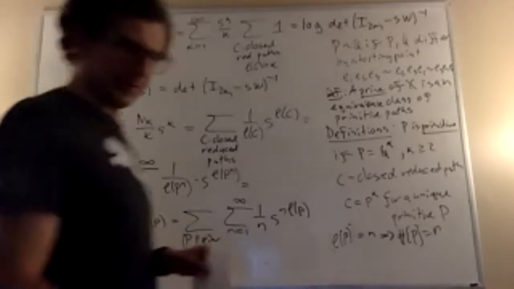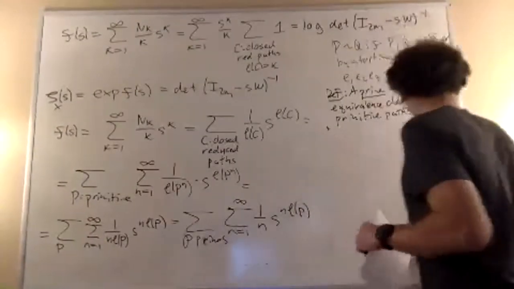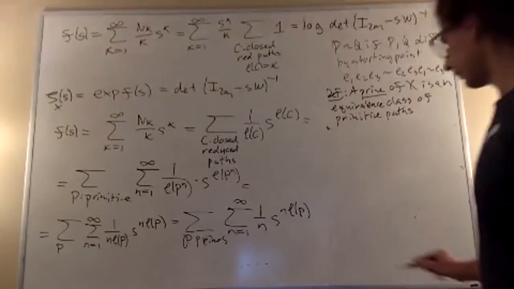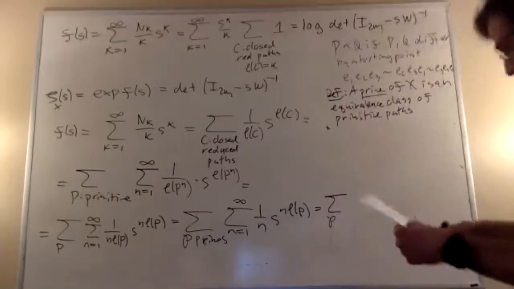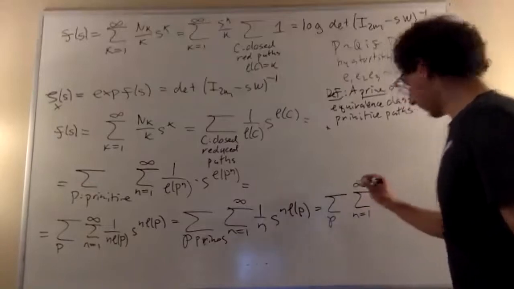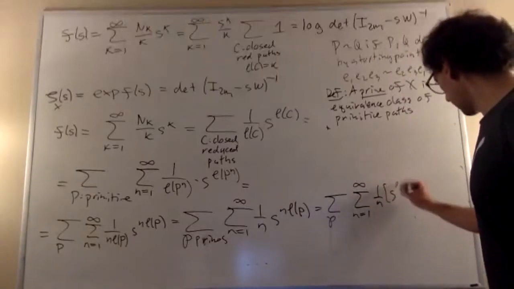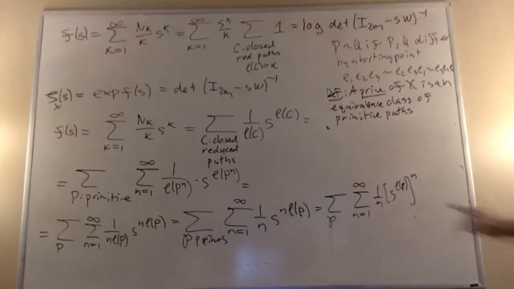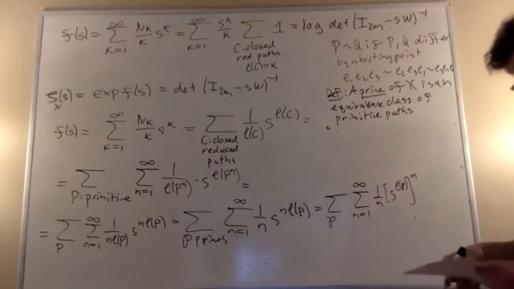All right. And so therefore, what do I have? I have the sum over all primes of the sum from n equals 1 to infinity, 1 over n, s L of P to the n. And again, this is the Taylor series for log of 1 minus x.